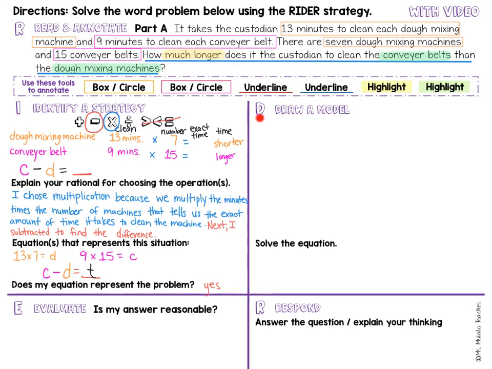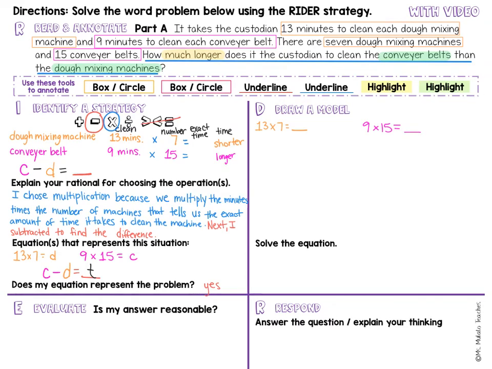Now we're going to do D. Draw a model. So write your D on your paper. You are going to solve 13 times 7 using a multiplication strategy of your choice. Then you will solve 9 times 15 using a multiplication strategy of your choice. Last, you will subtract.